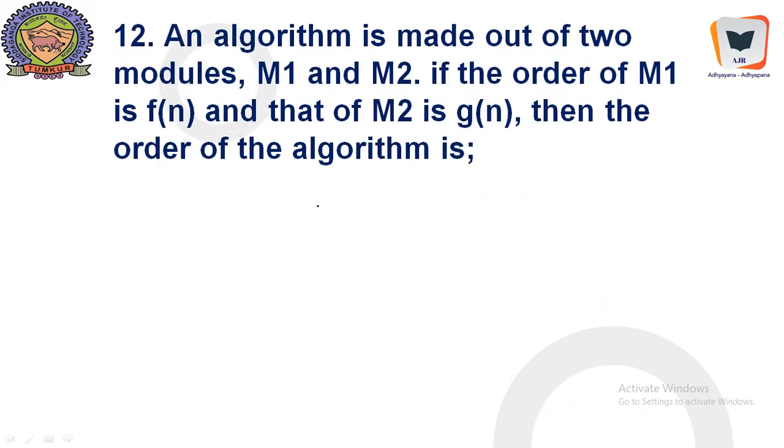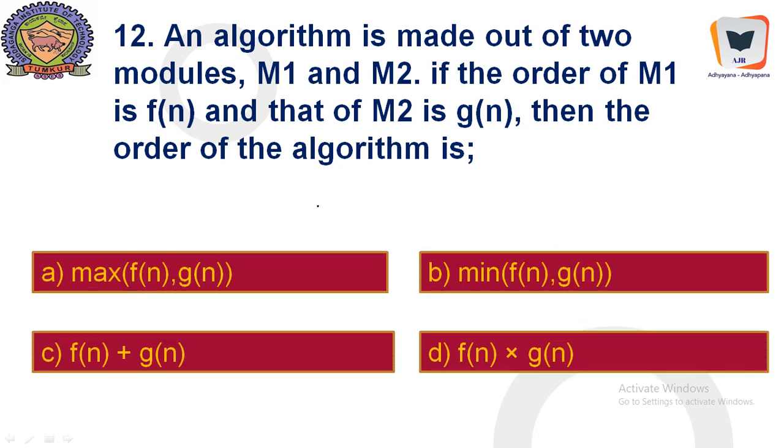Right. An algorithm is made out of 2 modules, M1 and M2. If the order of M1 is f of n and that of M2 is g of n, then the order of the algorithm should be, I think you must have guessed, the max of f of n and g of n.